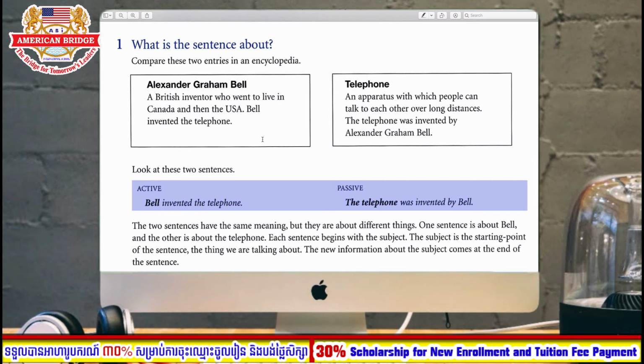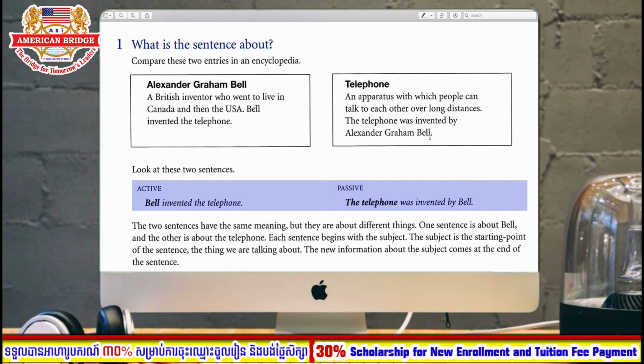So this paragraph mostly emphasizes the person, or the subject, which is Mr. Bell, right?